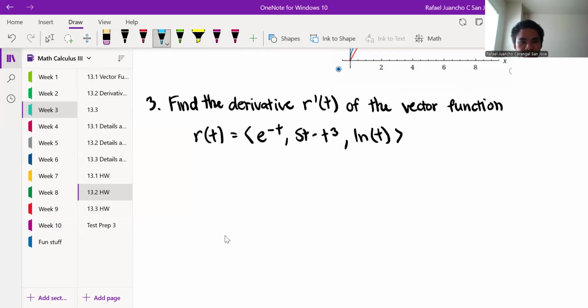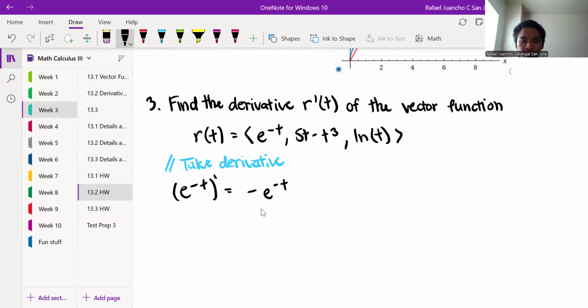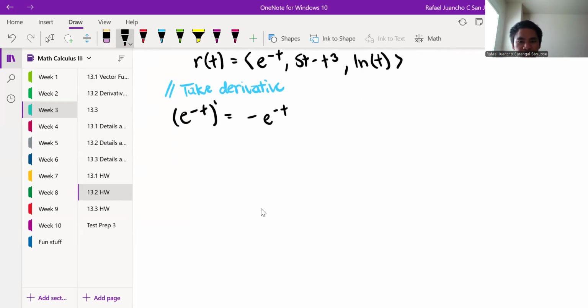Yeah, here we just take the derivative. So again, I'm just writing the steps. So if we take the derivative of this thing, well, we get negative e to the negative t. And if we take the derivative of this thing, well, we get 5 minus 3t squared.